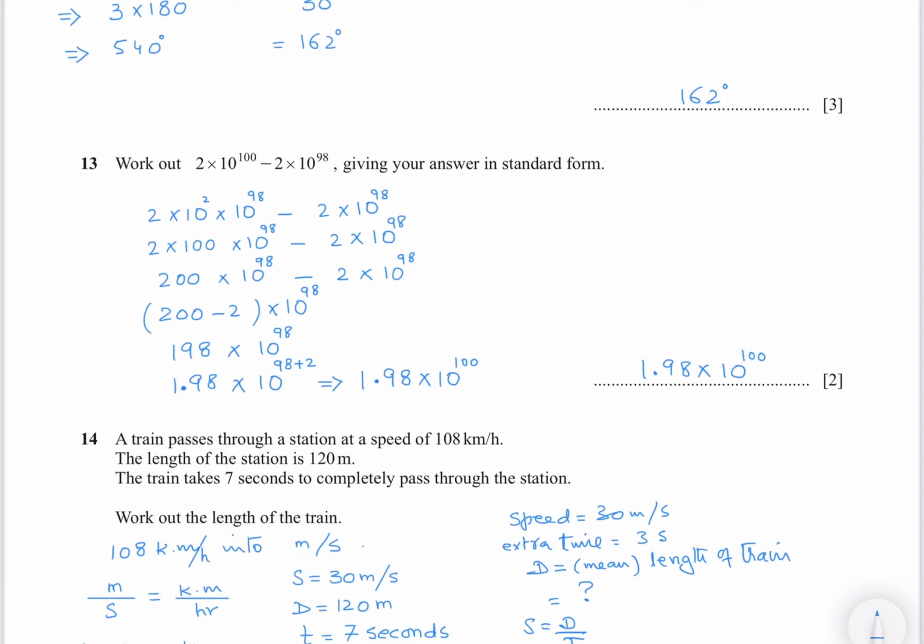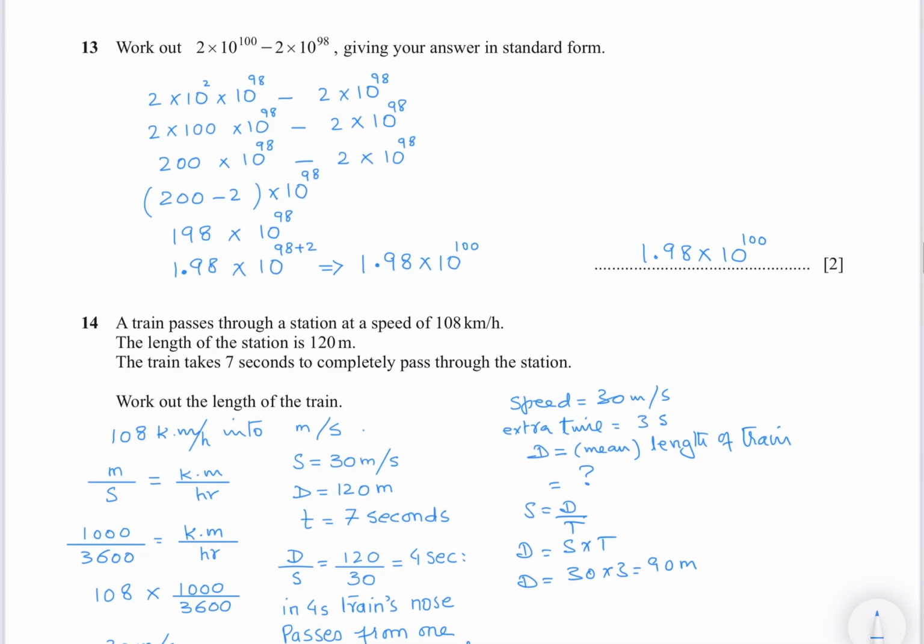Question number 13. Work out 2 into 10 power 100 minus 2 into 10 power 98, giving your answer in standard form. What I did, I tried to make the powers of 10 the same. One power is 100 and the other is 98. So I can split 10 power 100 into two parts, 10 power 2 into 10 power 98.